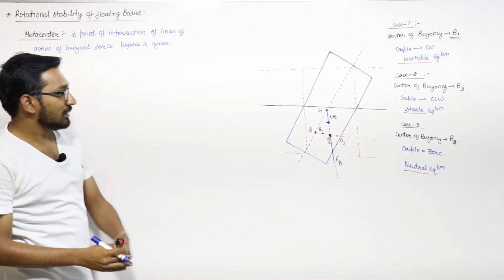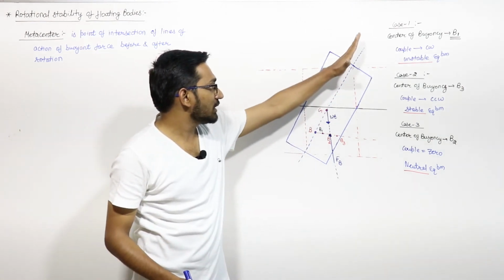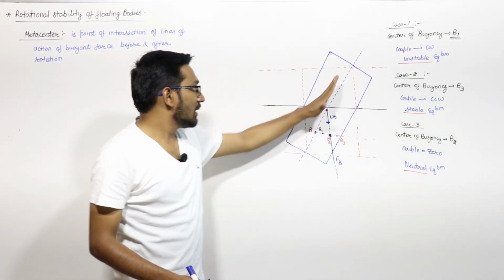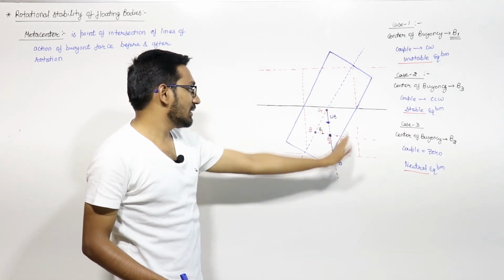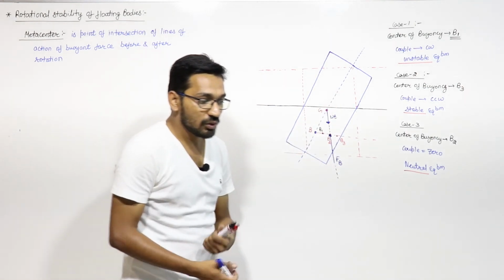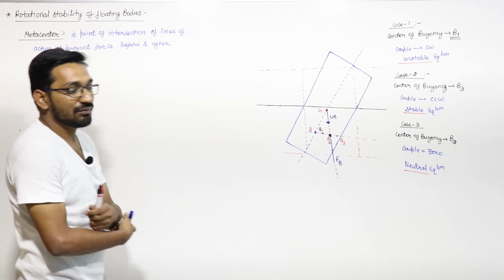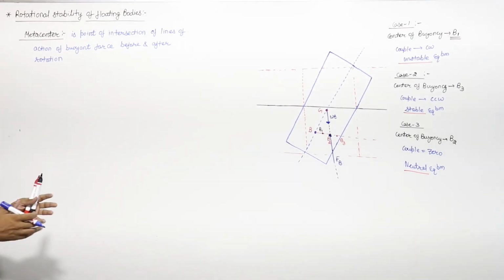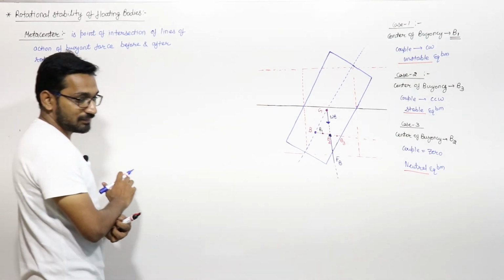Before rotation, this is the line of action of buoyant force. After rotation, these are the lines of action of force. So before and after rotation, where these two lines intersect, that is known as your meta center.